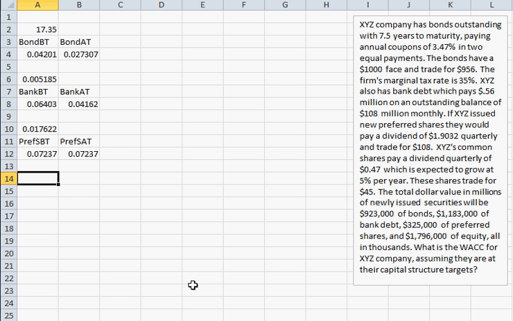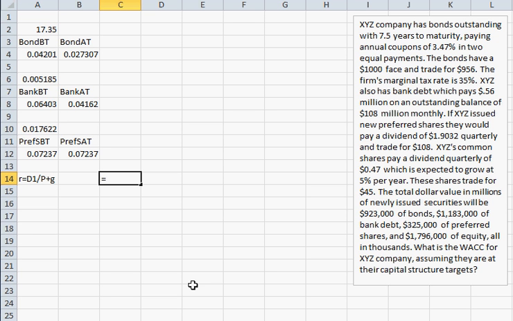Next we have the common shares. XYZ Co. pays a dividend quarterly of 47 cents. In general, the return to shares is equal to the forward dividend divided by the price plus the growth rate if we are in a steady growth phase. The forward dividend here is 47 cents, and we're trading for $45.